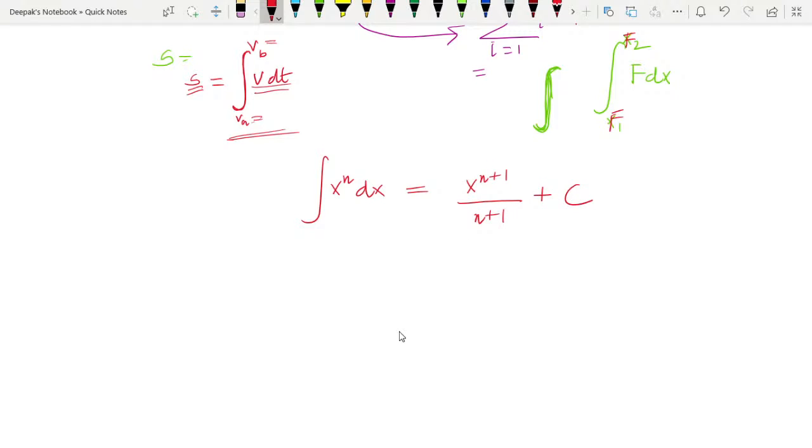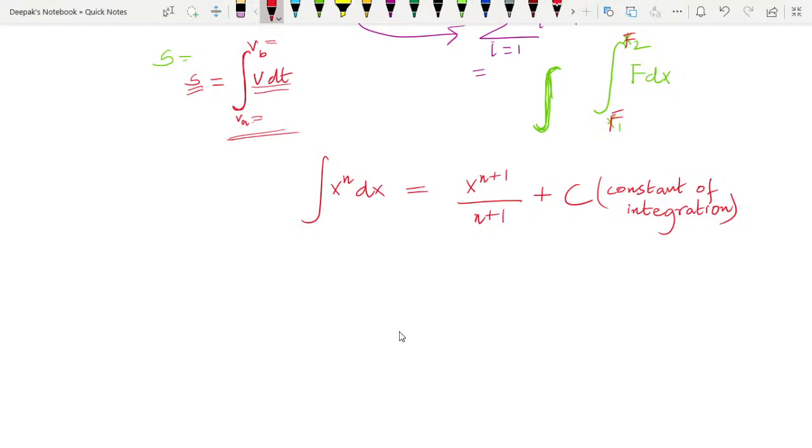Whenever you integrate a quantity without putting the limits, these are called limits, this va, vb, f1, f2, without putting the limits, you will get a constant. This is called the constant of integration. Is it clear?